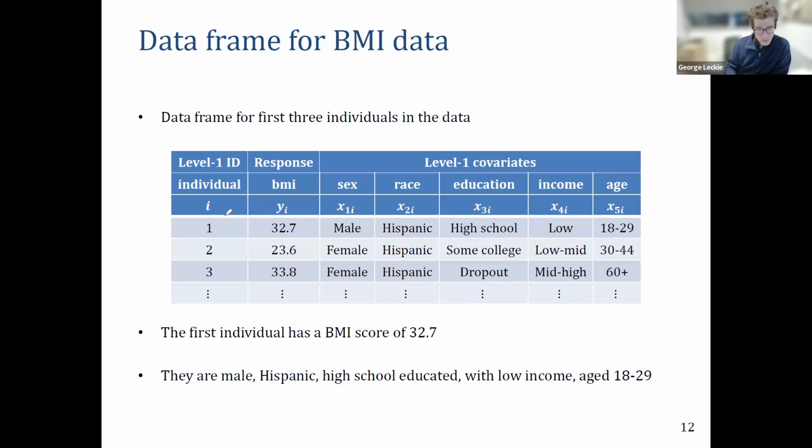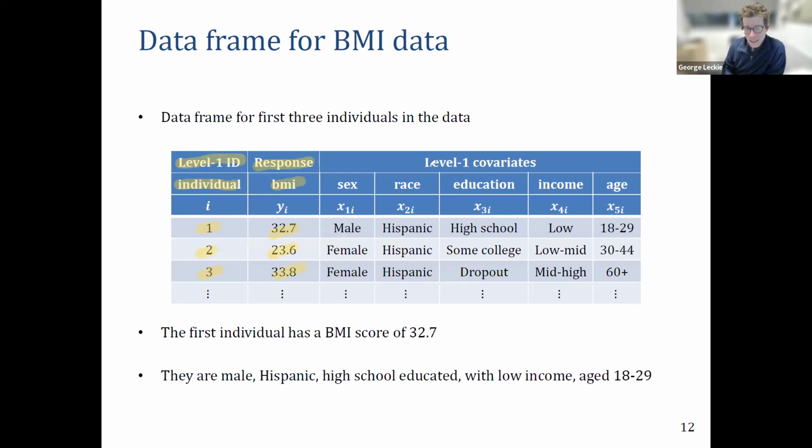The rows are the individuals: individual 1, individual 2, individual 3, and you might have a variable storing an individual identifier there. We call that the level 1 identifier. Later on, we're going to go multi-level. The response or outcome variable is BMI, body mass index, and for the first 3 individuals you can see their BMI scores.